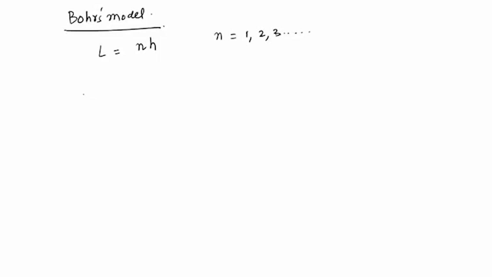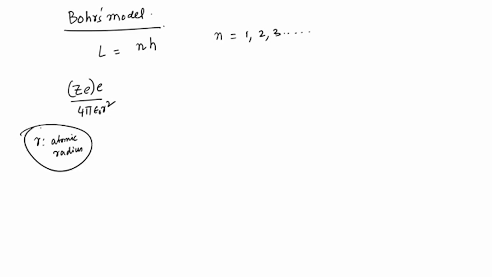Okay. So, for these electrons the force is Ze², where Ze is again the charge. So, Ze into e, I will write it as Ze·e divided by 4π ε₀ r², where r is typically the atomic radius, and this is equal to mv²/r.